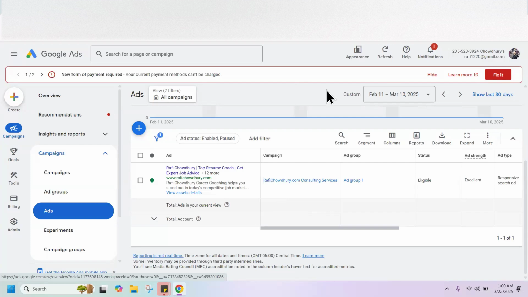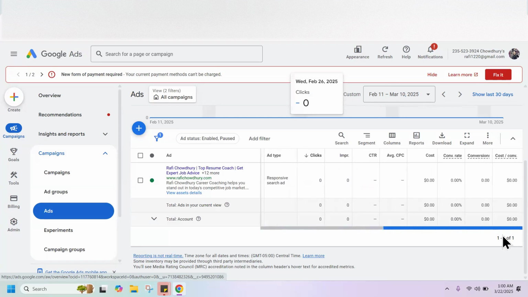But here I can see the status is eligible. Okay. That means you are approved. So you can run ads with your website. Okay. Can you edit this ad? Can I what? Edit this ad. Yes.